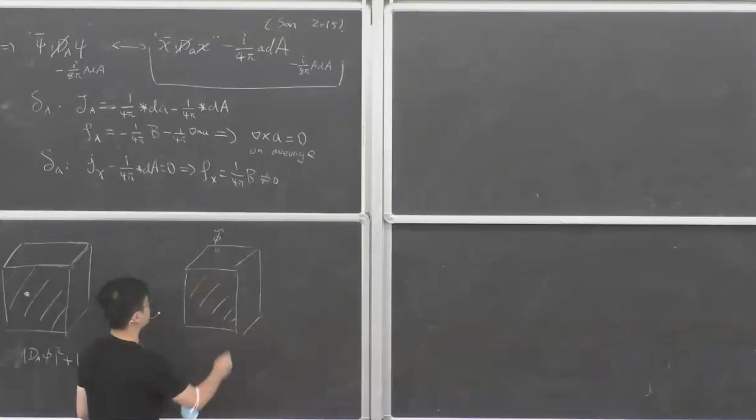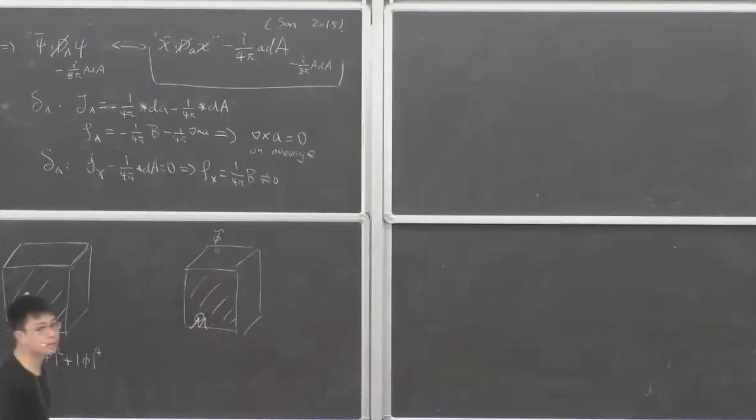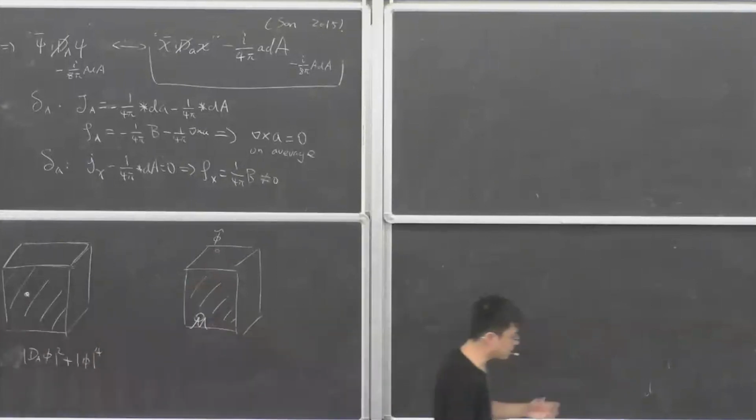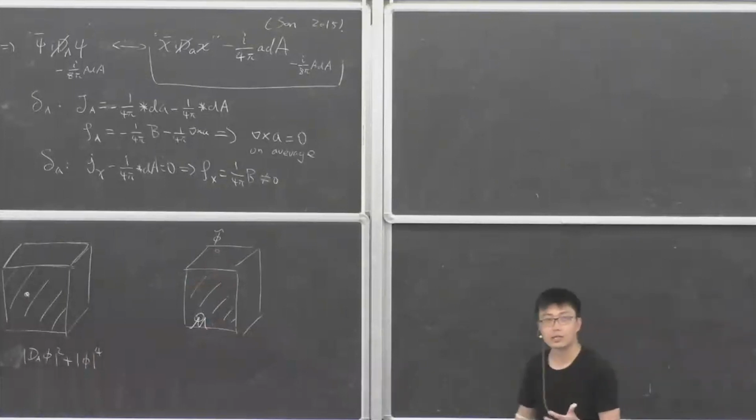What does that? Well, the answer is it's a monopole. I have a 3+1D compact U1 gauge theory, the naturally gapped excitations are the charge and the monopole.